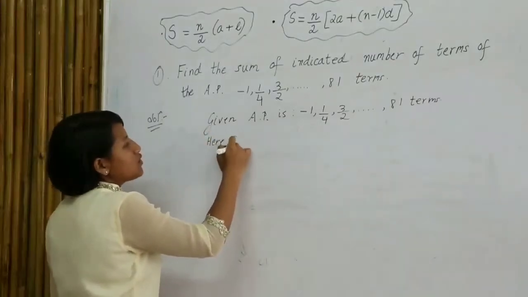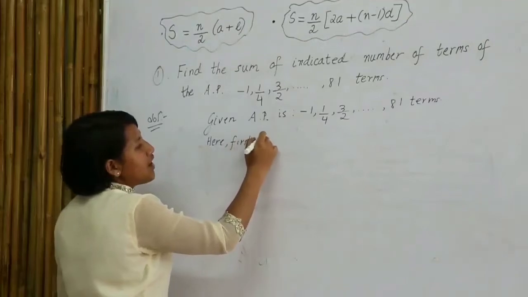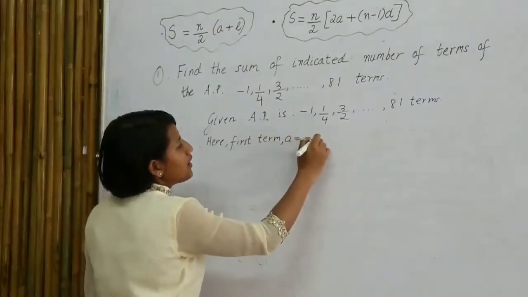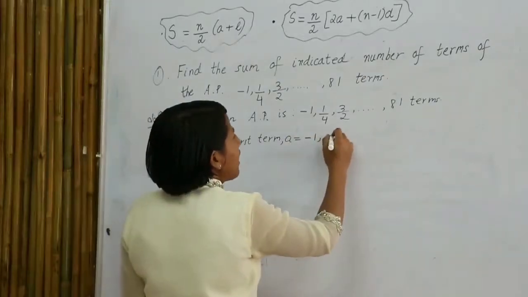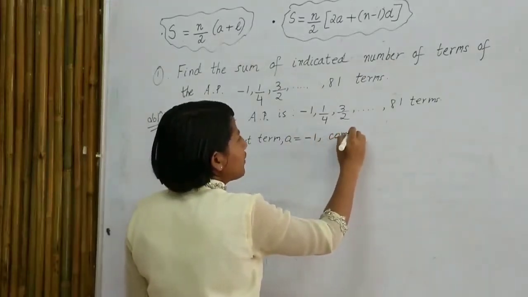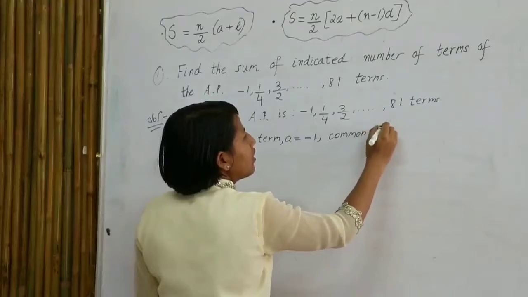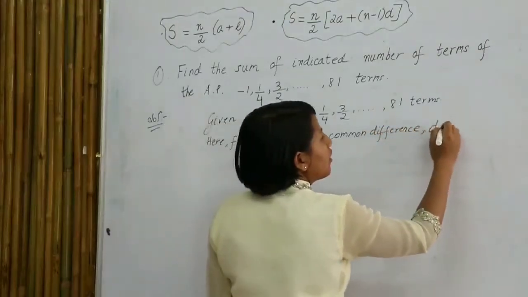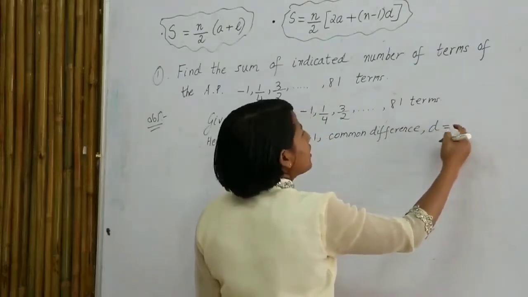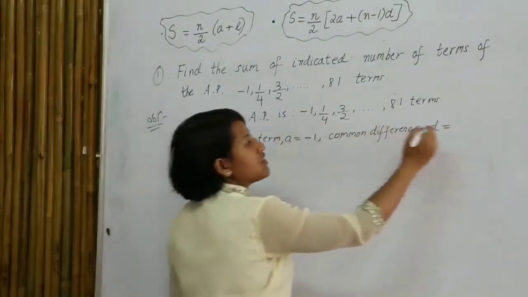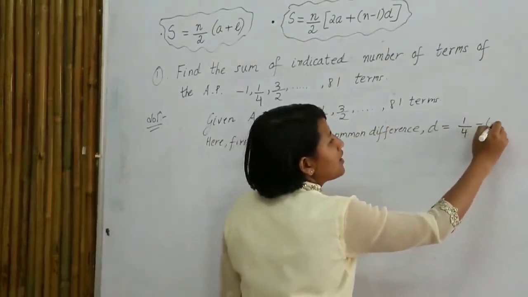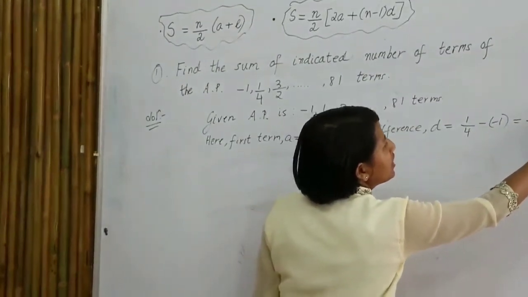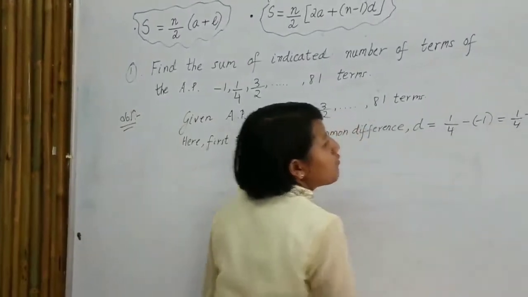First term, common difference, they are very important. So here it is -1, and then we have common difference to be 1/4 minus of -1, which is 1/4 plus 1. After taking LCM, we will get 5/4.